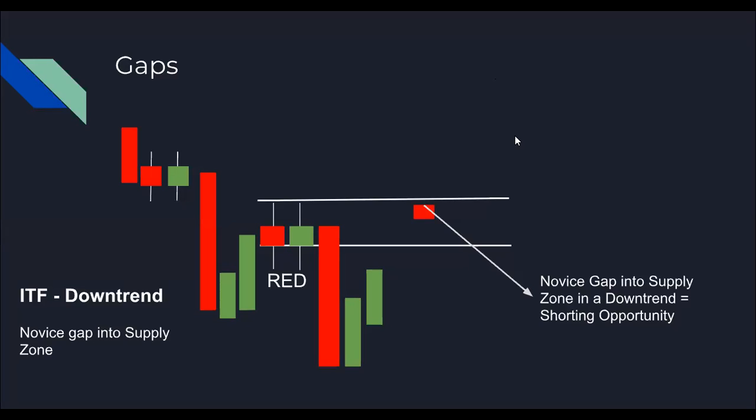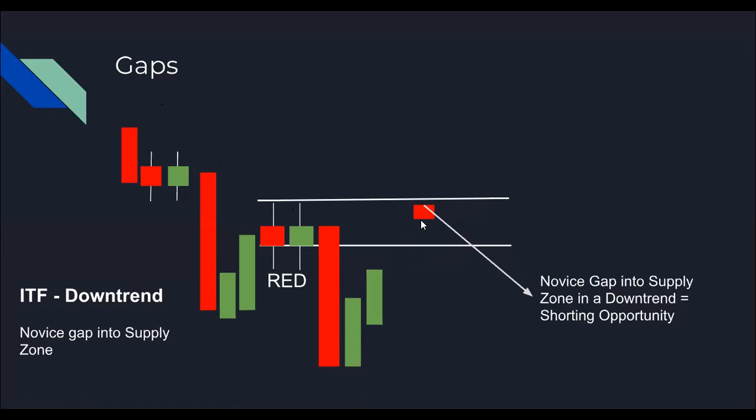A few other points to be borne in mind while you see gaps in the charts. In the context of a higher time frame downtrend, if you see a gap up into an area of supply, this would be a great shorting or selling opportunity.